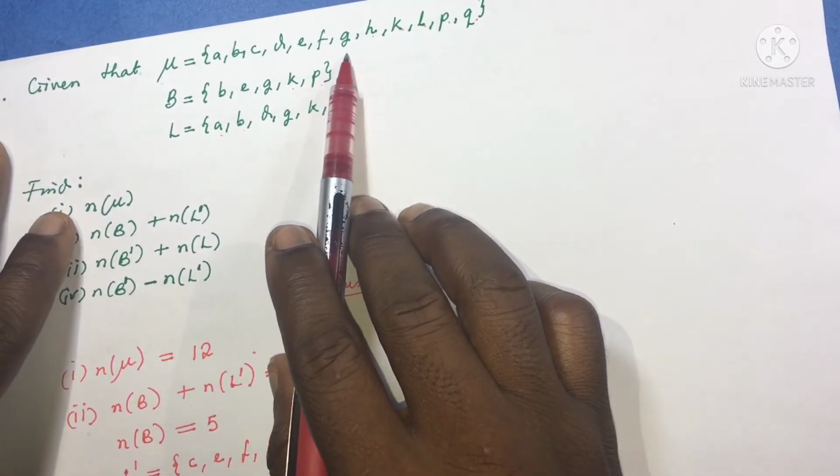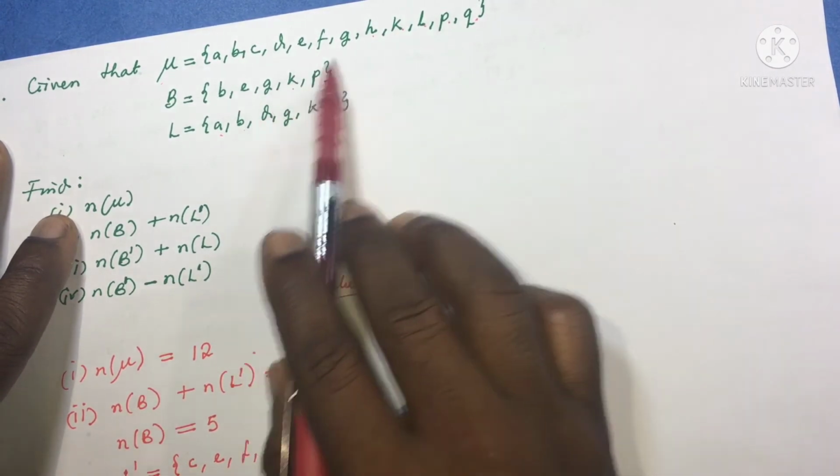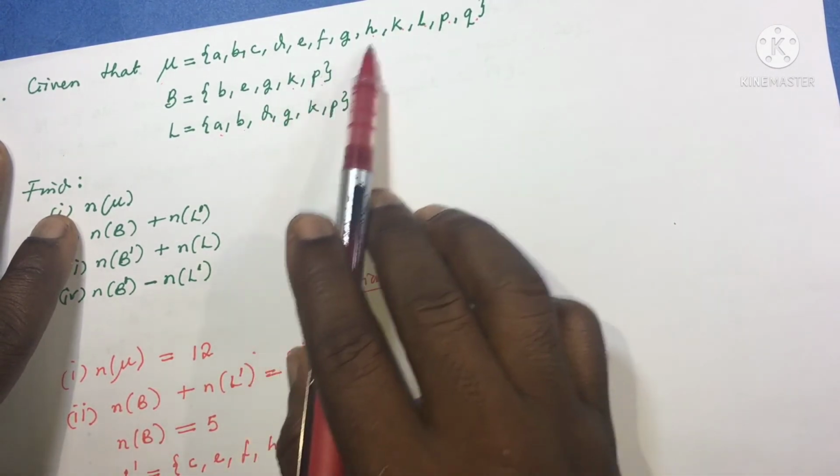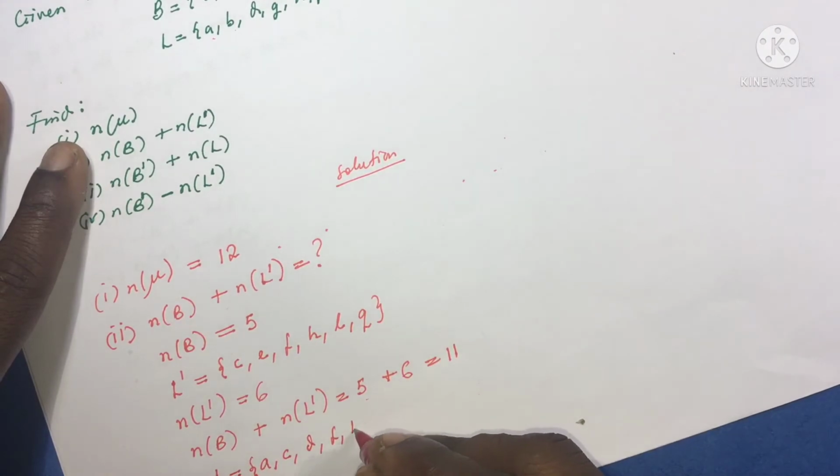We have G found in both, K is found in both, but H is not, so I'm going to bring H here.